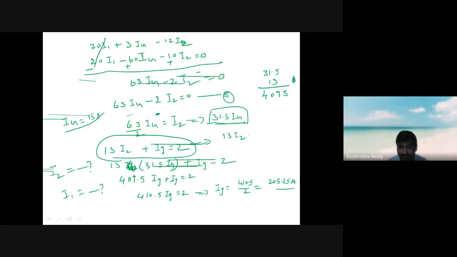And Ig is already 205.25. Then if I send it to the other side, it becomes 2 minus 205.25, so it becomes 203.25. So I2 equal to minus 203.25 by 13.